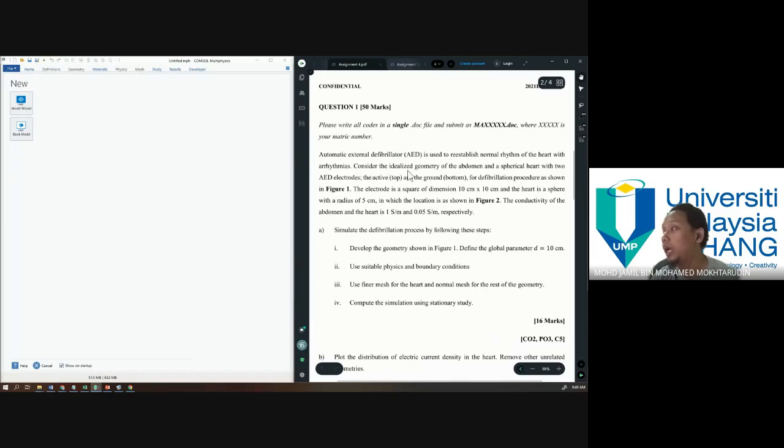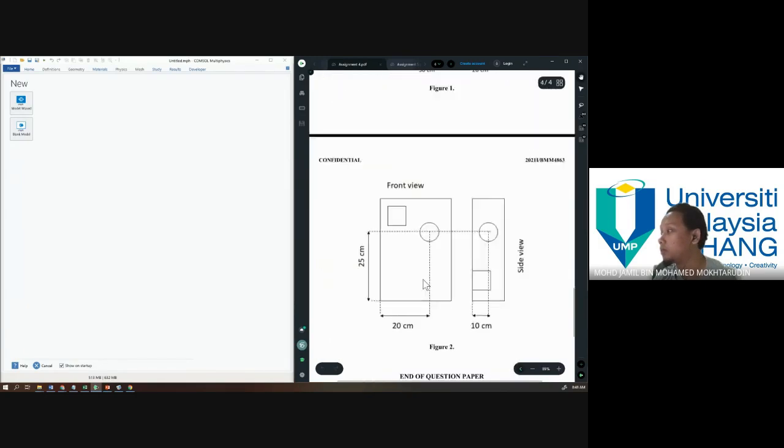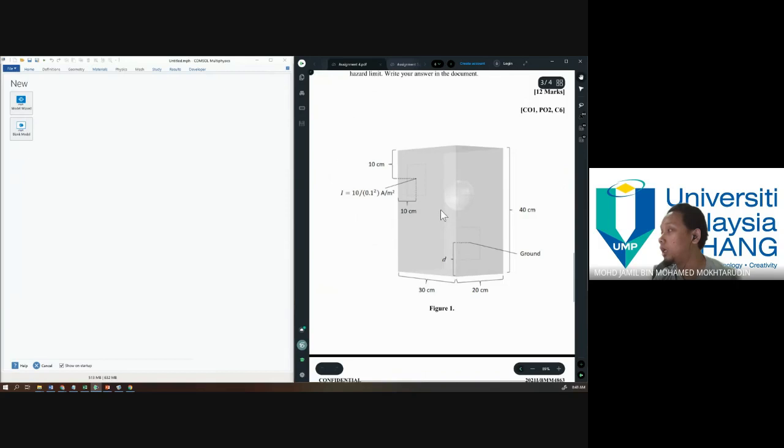So consider the idealized geometry of the abdomen and a spherical heart with 2 AED electrodes. So the active, the top one, and the ground is the bottom one for the defibrillation procedure as shown in figure 1. Okay, so this is the figure. So you have the abdomen, the rectangle, and the spherical heart.